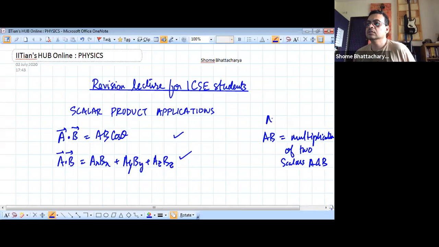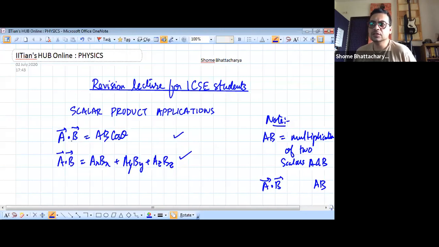Whereas scalar product applies to two vectors. We are writing vector A dot vector B, and there we are just writing product of magnitudes. So this is a different thing, you cannot compare the two. Is it clear, Ritika?